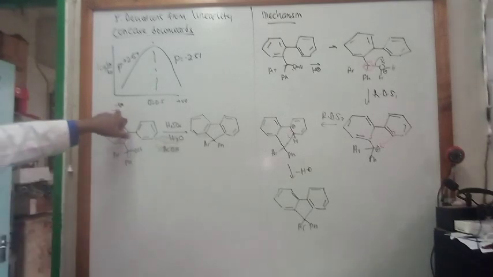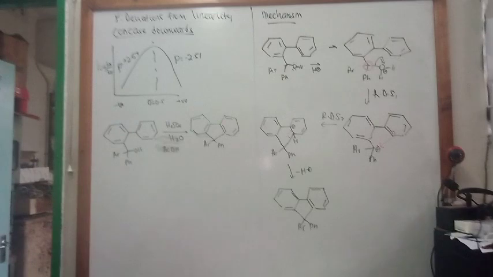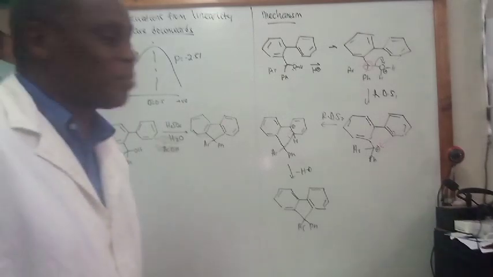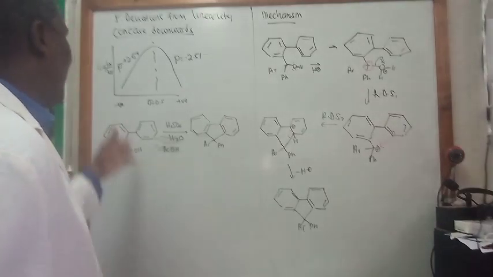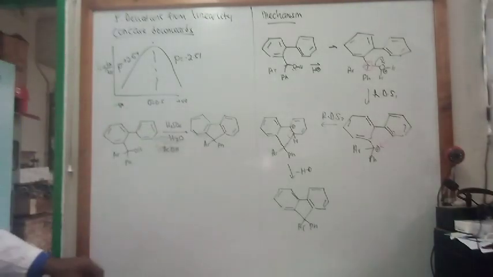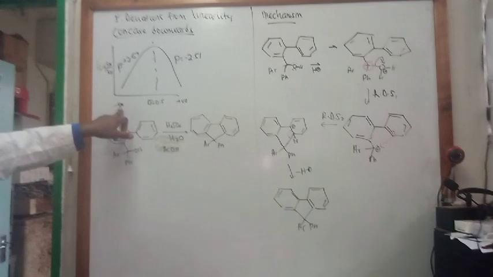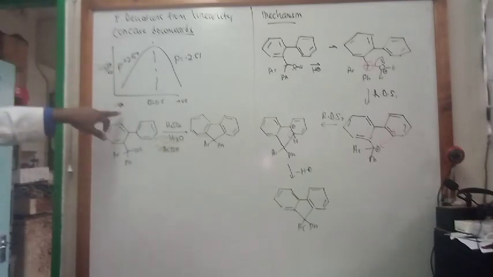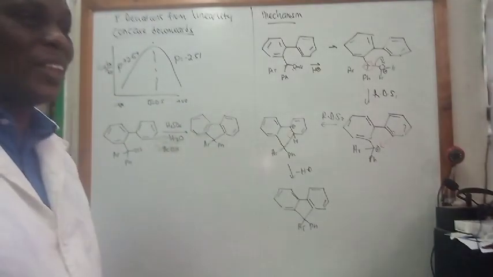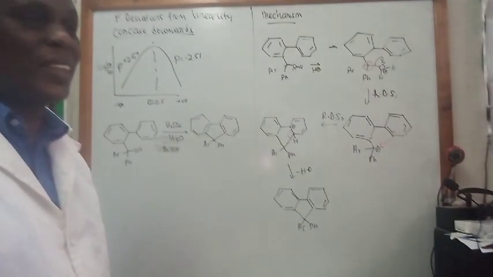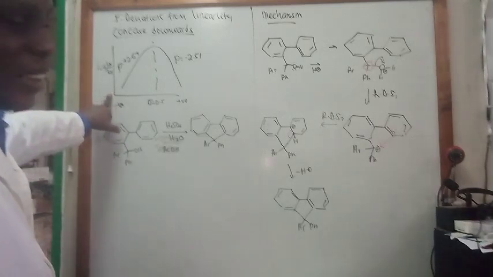What you are seeing is this: can you look at this and see that both the negative sigma values and also positive sigma values all end up having very low rate.